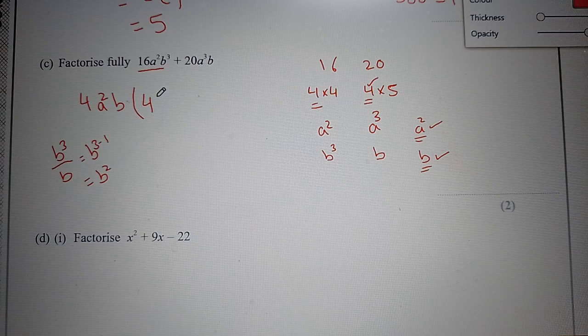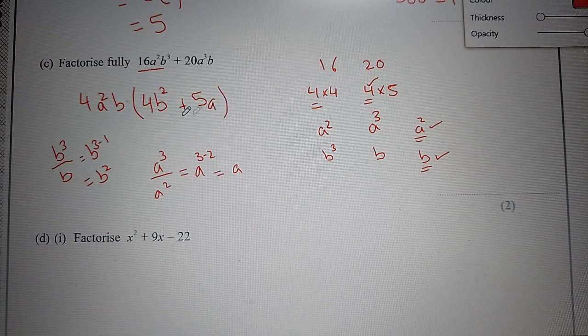So we are left with 4b to the power of 2. Then 20 divided by 4 is 5. a to the power 3 divided by a squared gives us a to the power of 3 minus 2, which is just a. And b divided by b is 1.